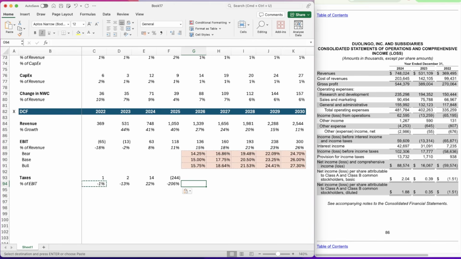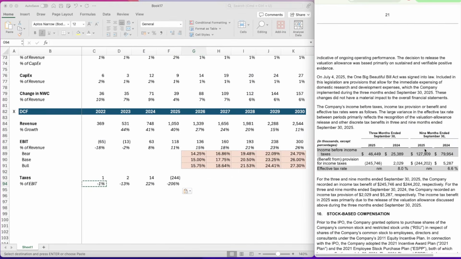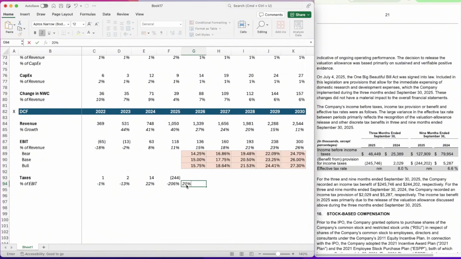So we don't really know what the rate is going to be. But how about we say, for the last year, they did 6.6% in income tax in 2024. Let's just say it goes to 20% and they start paying a normal tax rate. We'll keep it as what we said at the top.